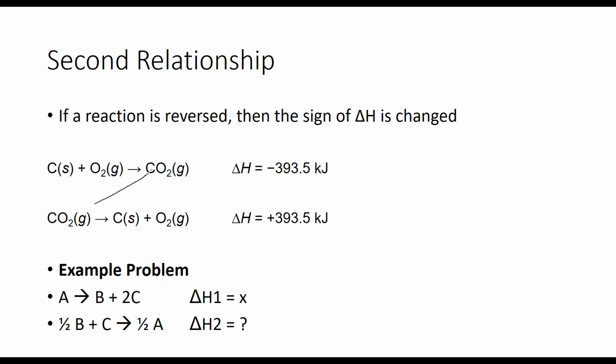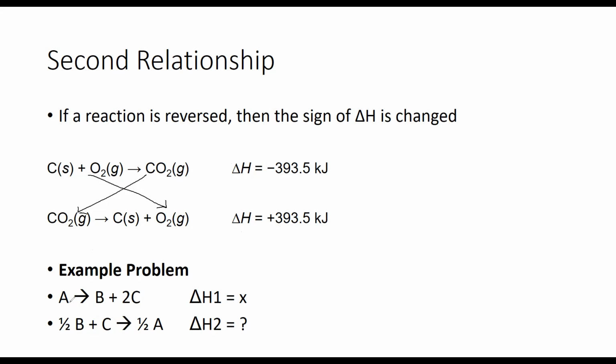Since these reactions are just reversed, we took the product and made it a reactant, we took the reactants and made them a product, all we do here is change the sign of delta H. At first it was an exothermic reaction to create carbon dioxide. Therefore, it must be an endothermic reaction to break it down. You get heat out when you create carbon dioxide, so to break it down, you have to put heat in. Opposite but equal.